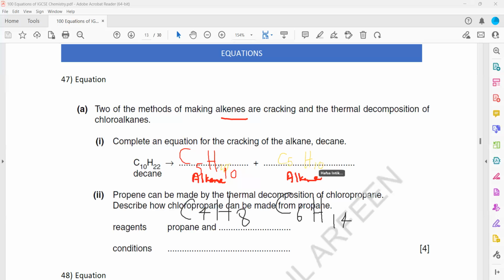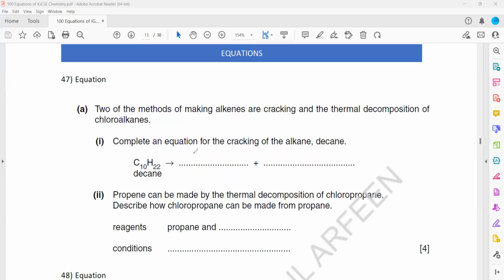If it is an alkene, the number of hydrogens should be twice the number of carbons. If it is an alkane, it will be twice plus 2. For example, if I write C3, I'm making an alkene, so hydrogen should be twice, H6. The other one will be an alkane. Out of 10 carbons, I used 3, so 7 are left.